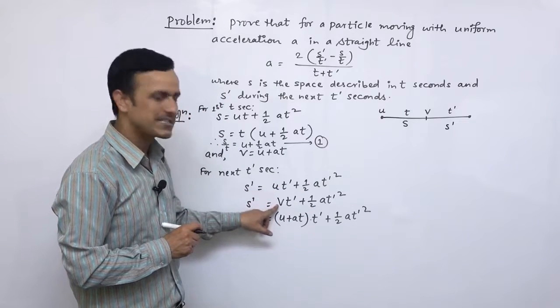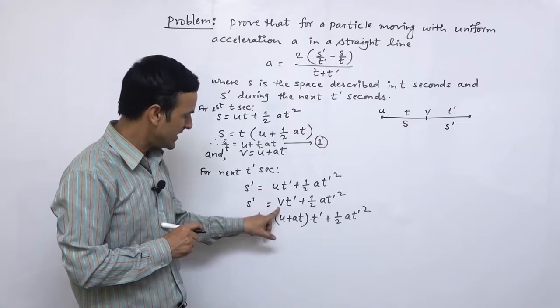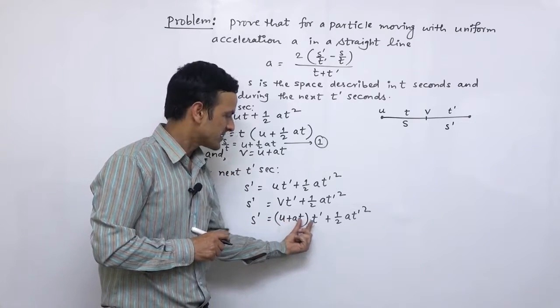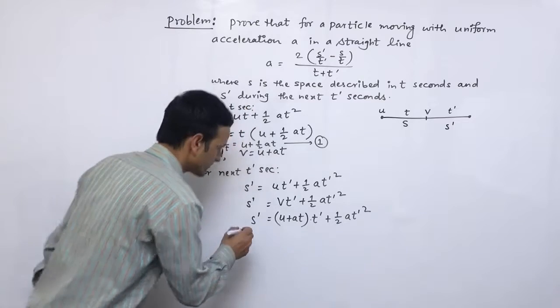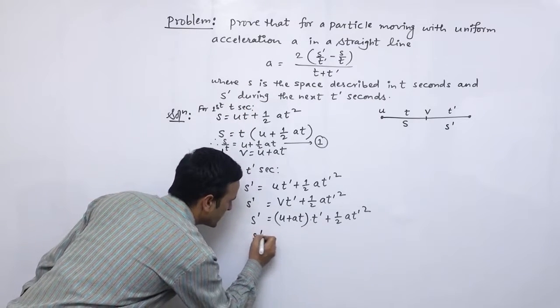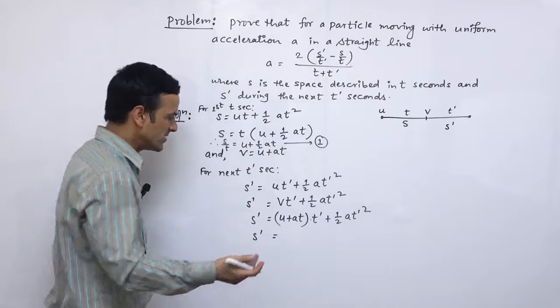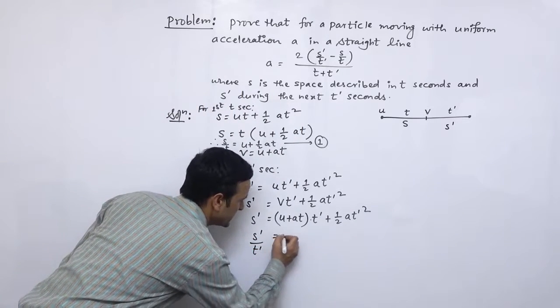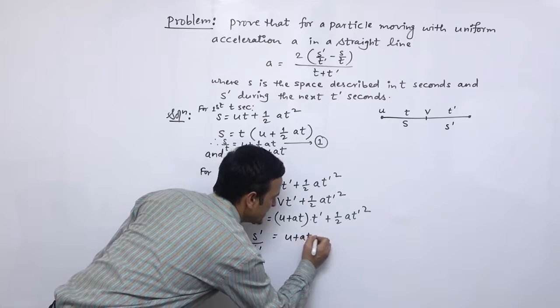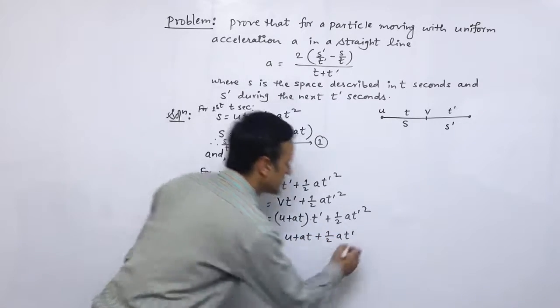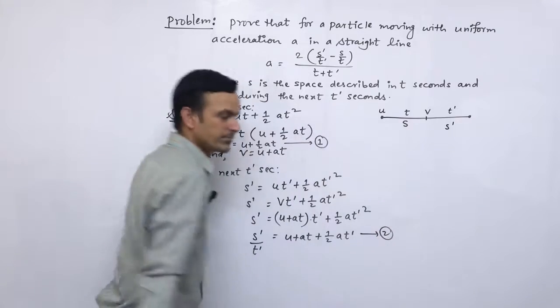If we take t dash common, we get s dash equals t dash times (u plus at plus half a t dash). So this is equation 2.